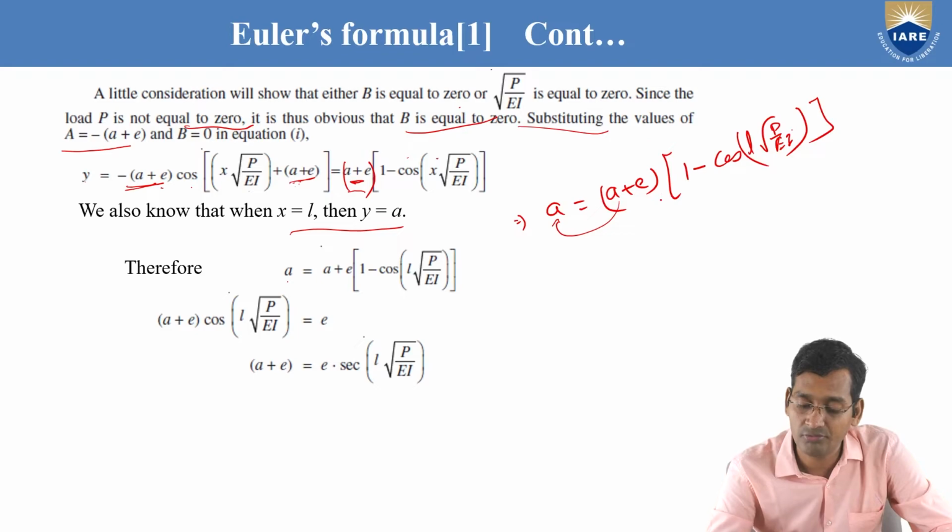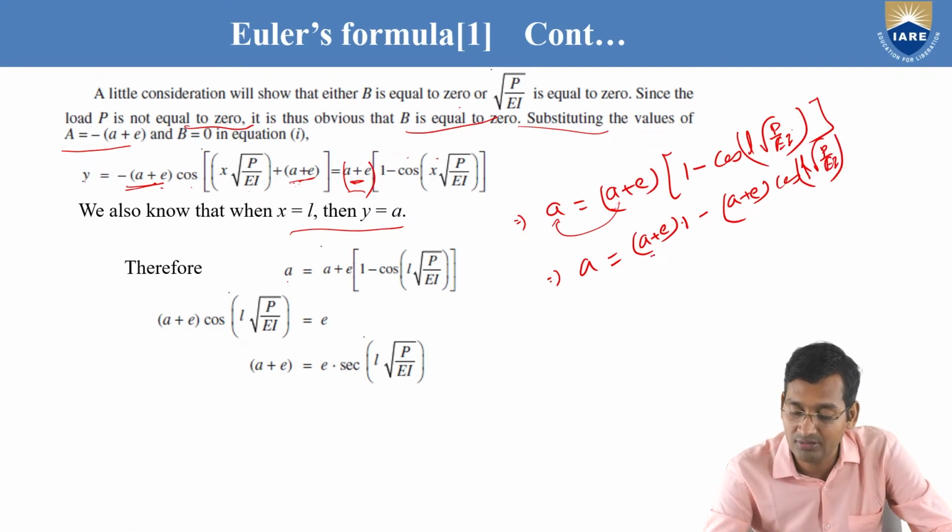Now we cannot directly cancel; first we have to multiply. So A equals A plus E into 1, that is A plus E, minus A plus E into cos L root P by EI.